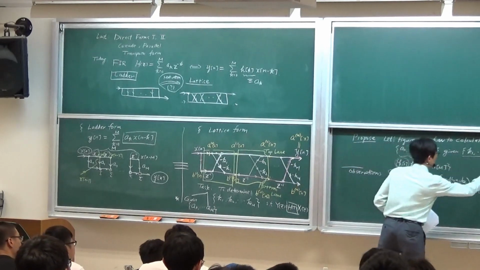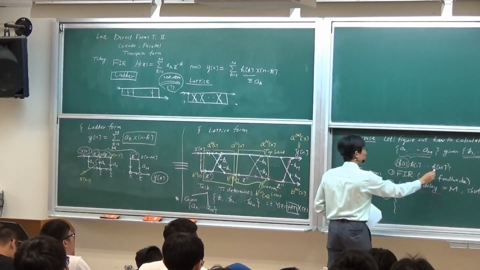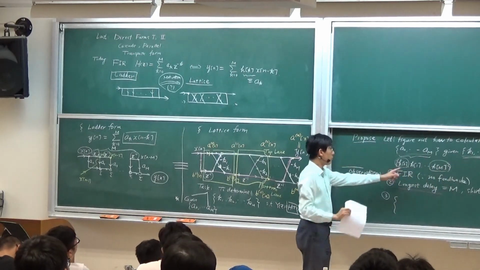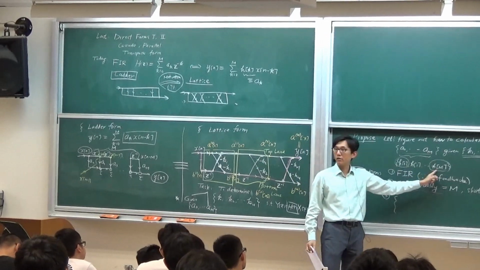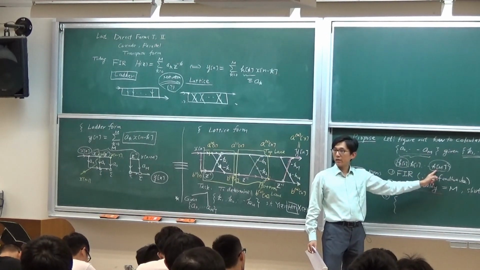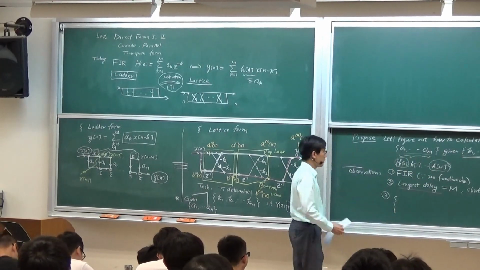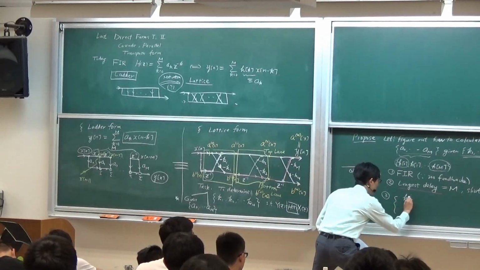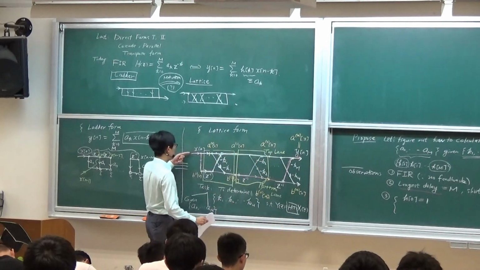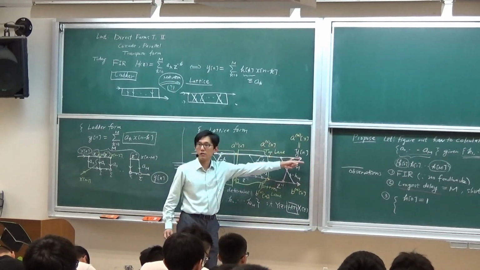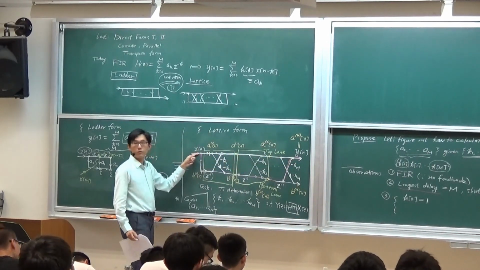So from the observation, immediately we can solve two of them. Given the lattice coefficients, immediately we can solve the coefficient with no delay and the coefficient with the longest delay. So immediately we have the conclusion: the sample with the shortest delay, h of 0, is 1, because here we don't have any more multiplication, at least for the way this is defined here.